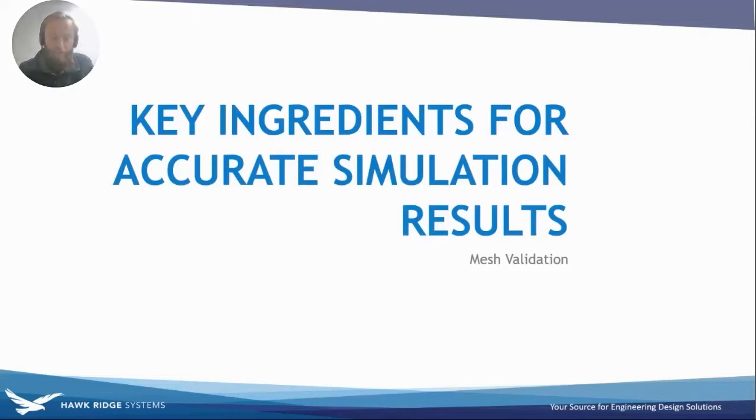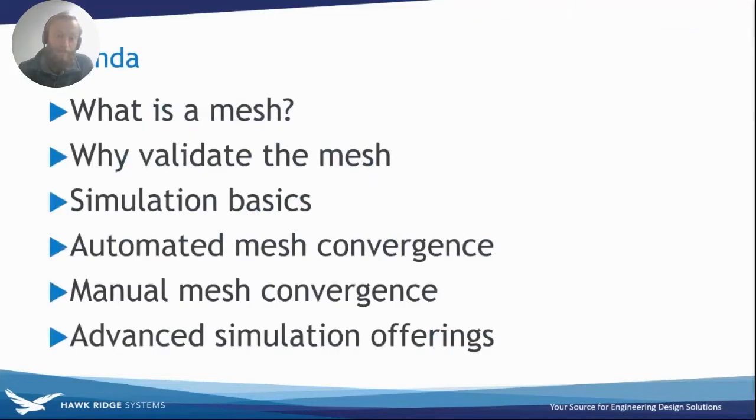But let's jump right into this presentation. So the agenda for the hour, and I'm going to turn off my camera because it's going to block my screen a bit. So goodbye. But the agenda for the hour goes as follows. I'm going to introduce what a mesh is and why you need to validate it. Then I'm going to go over some simulation basics while introducing the practical problem that I'm going to be using as an example.